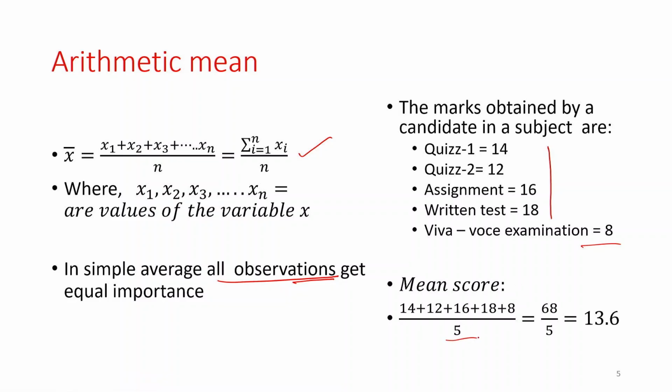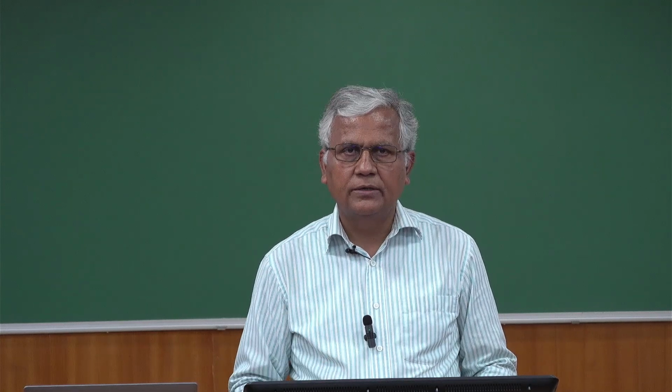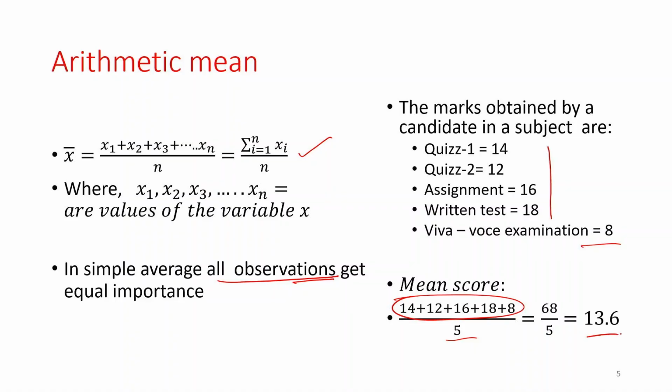The total score is the sum of all these values, the numerator part. If I want to know the average score, I have to take the summation and divide it by 5, because there are 5 different ways the teacher wanted to evaluate the person. That is how we can find out the average mark that he has obtained.